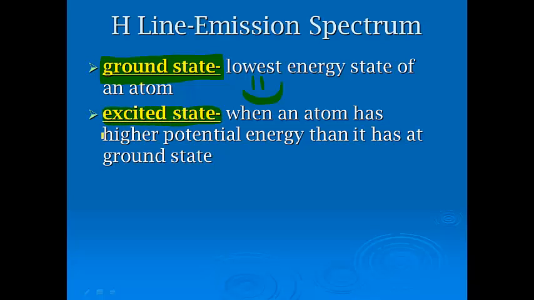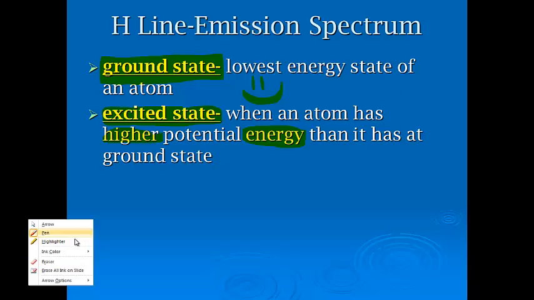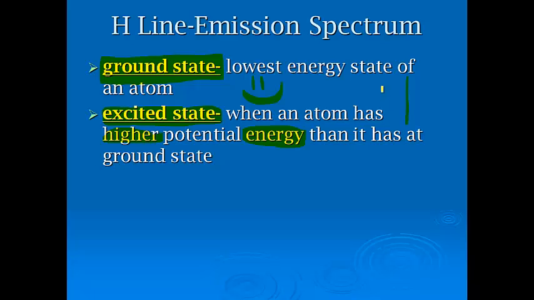If something is excited, it has higher potential energy than the ground state. And usually we, or the environment, have to force that to happen. If we put energy on the y-axis, okay?